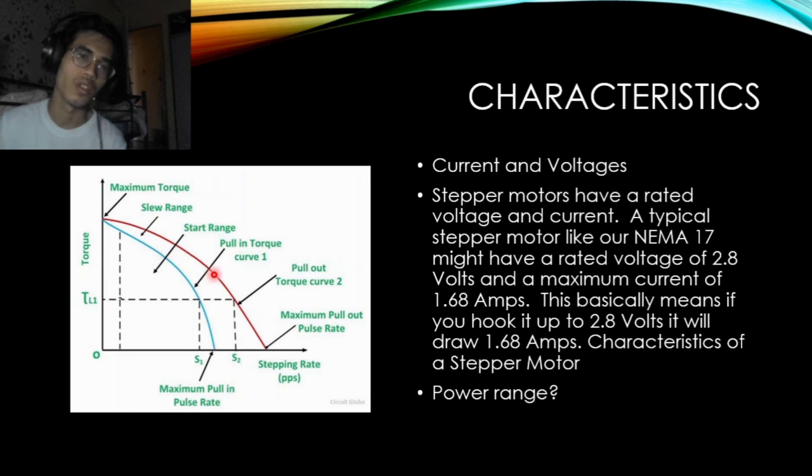But for the red one, it is the pull-out torque. It shows here the maximum stepping rate of the motor where it can run for various values of load torque, but it cannot start, stop, or reverse.